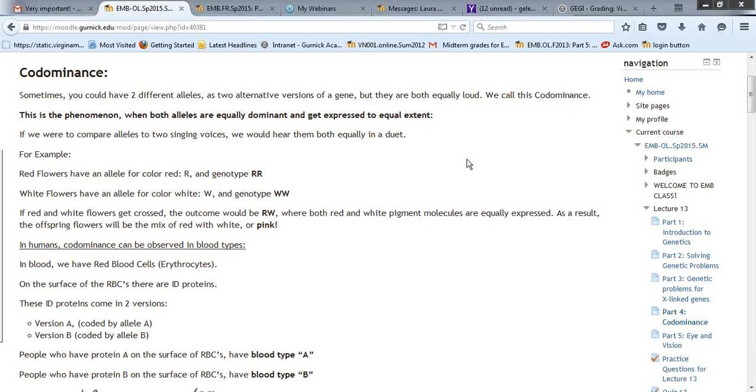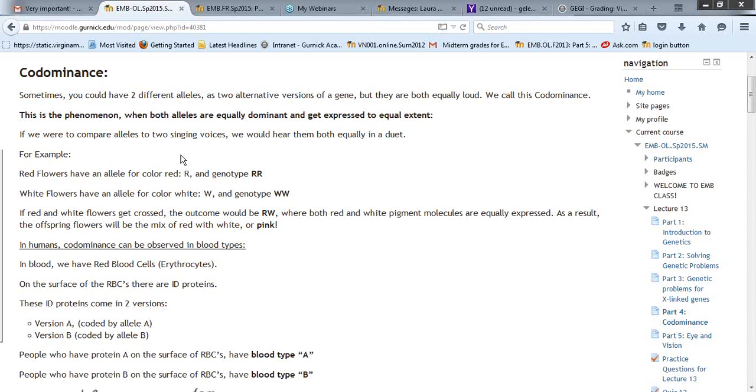Once again, when we're talking about dominant versus recessive, one is singing loudly and the other one is very, very quiet, you're going to hear the one who is singing loudly. But if you have two people who are singing loudly in different voices, you're going to hear a duet. It's going to be a combination of the two expressions.